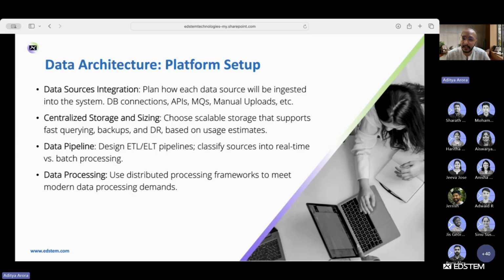Then the pipelines, real time versus batch processing. It's going to be heavily skewed towards batch because you're building a data warehouse. Then the processing itself, distributed frameworks, whether you want some auto scaling compute, that kind of stuff is also part of your designing itself.